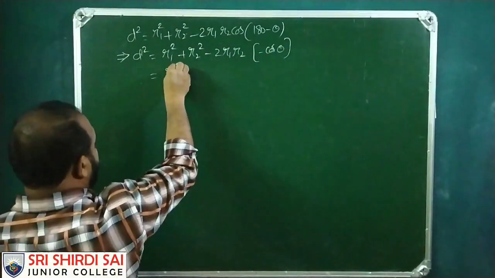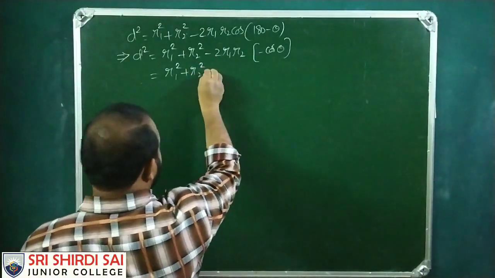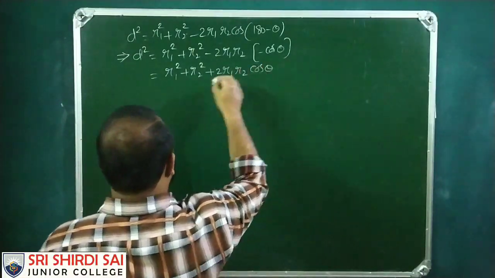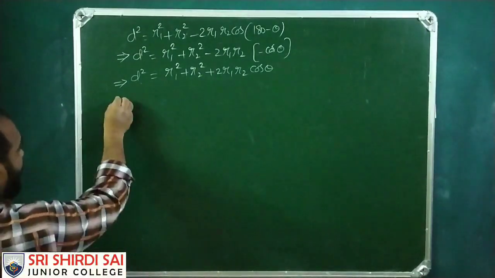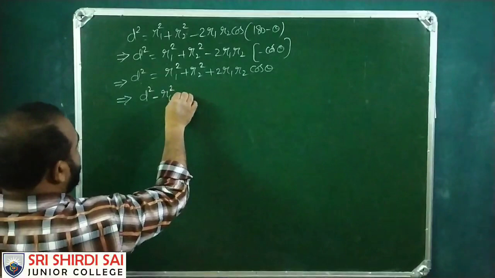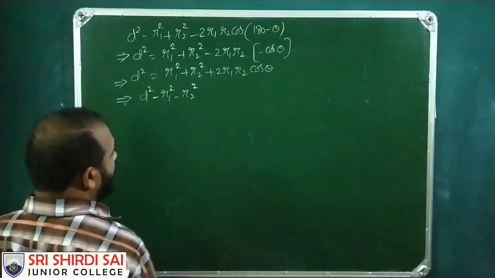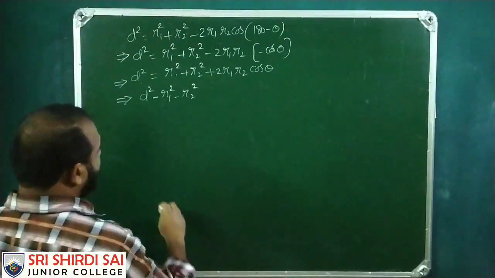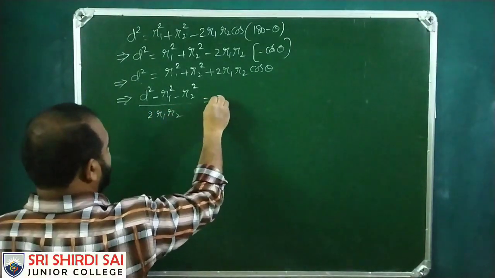This equals R1 square plus R2 square, minus of minus is plus, 2 R1 R2 cos theta, equals D square. From this, D square minus R1 square minus R2 square equals 2 R1 R2 cos theta. Since it is multiplied with cos theta, if I transpose 2 R1 R2, we get cos theta.